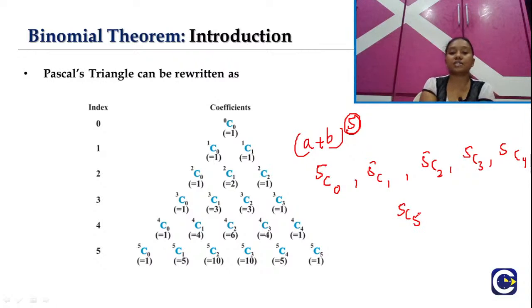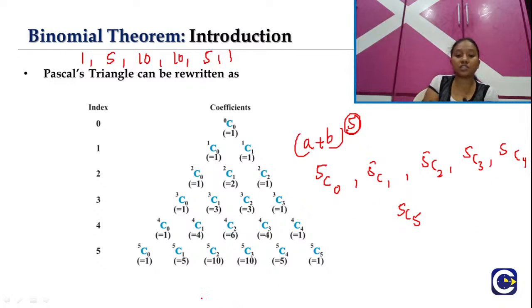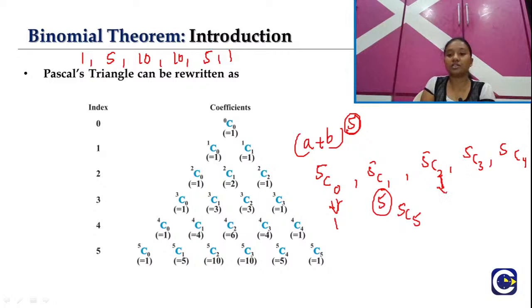Just now we have seen using Pascal's triangle that we got the values 1, 5, 10, 10, 5, 1. These are our coefficients. Using this rewritten method, that will be 5C0, 5C1, 5C2, 5C3, 5C4, 5C5. Let's check these values. 5C0 is equal to 1. Similarly, 5C1 equals 5, 5C2 equals 10.